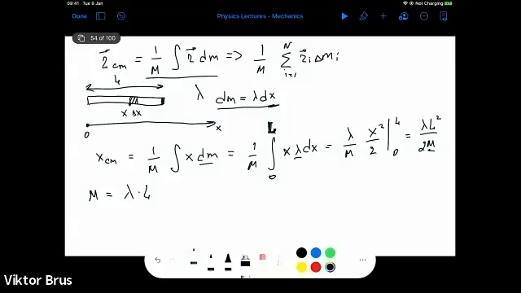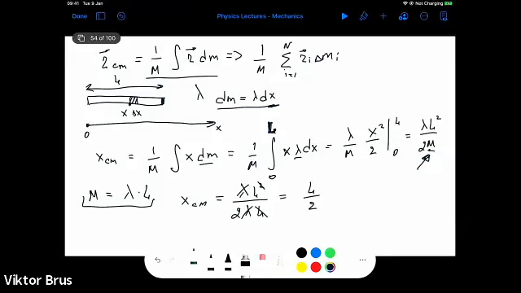Then we substitute this total mass expression here in this equation, and we get the answer for our question, which is quite expected, but it is good to double check. So we have lambda L squared divided by 2 lambda L. So lambda and lambda cancel out, the square cancels out, and we get L divided by 2.